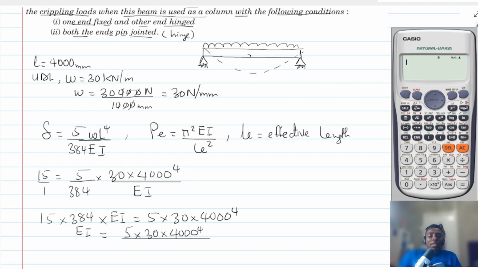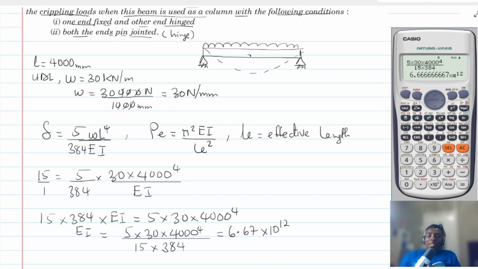So EI is going to be 5 times 30 multiplied by 4,000 to the power 4, divided by 15 multiplied by 384. That gives such a huge figure for the EI, which is 6.67 times 10 to the power 12.